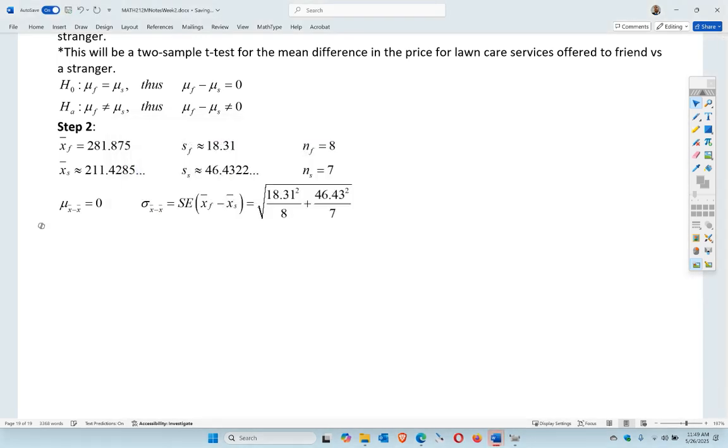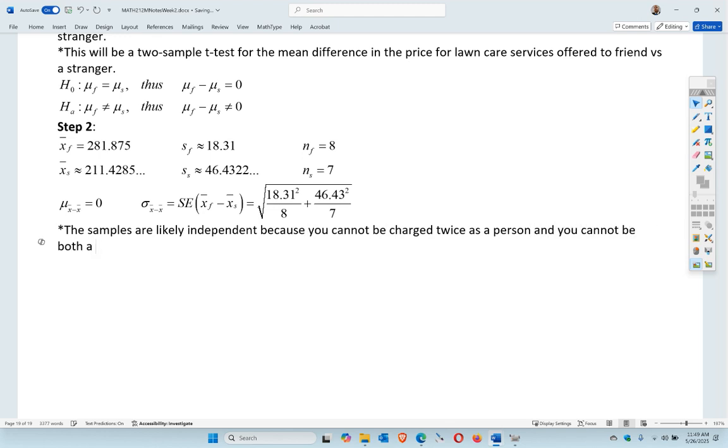So if I analyze what I have here, these samples are likely independent because you cannot be counted twice as a person, and you cannot be both a friend and a stranger, right?